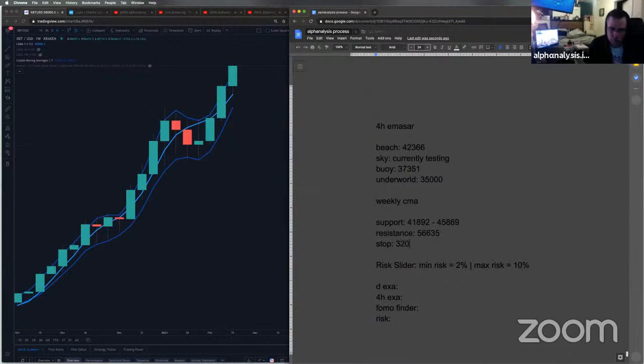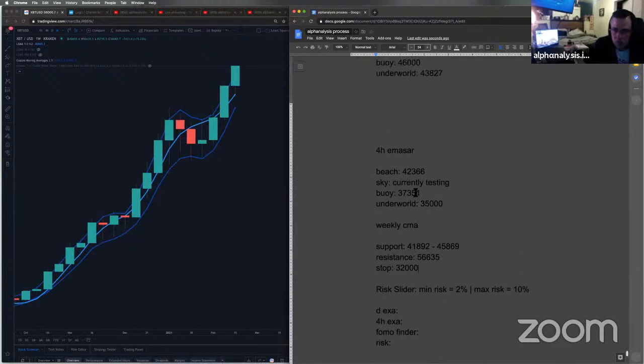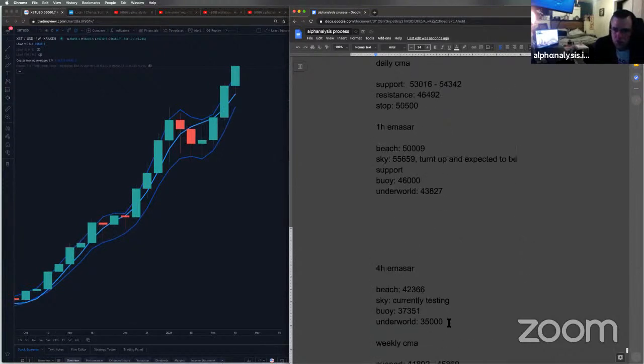This is where I would be accelerating my stop over the last, back in here. I was using stops from this weekly and this 4-hour layered. And now that we've accelerated in favor and I'm taking profit and positioned in profit, I am no longer interested in giving it room.